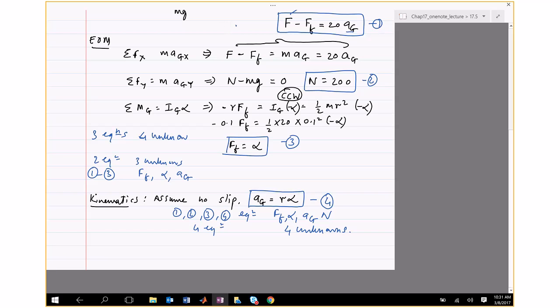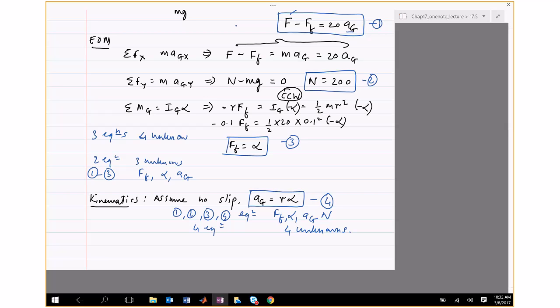I'm just going to write down the answer in the interest of time. If you do the math, what you need to do in this case is check if your condition that there is no slip is true or not. You are not told that it is rolling or that it is not slipping, so you've got to check that.